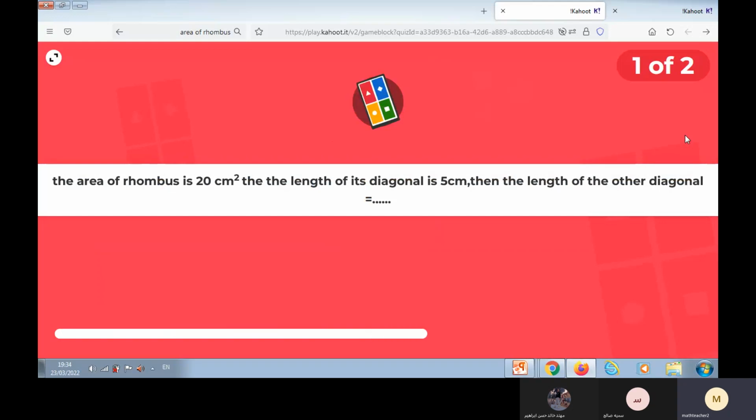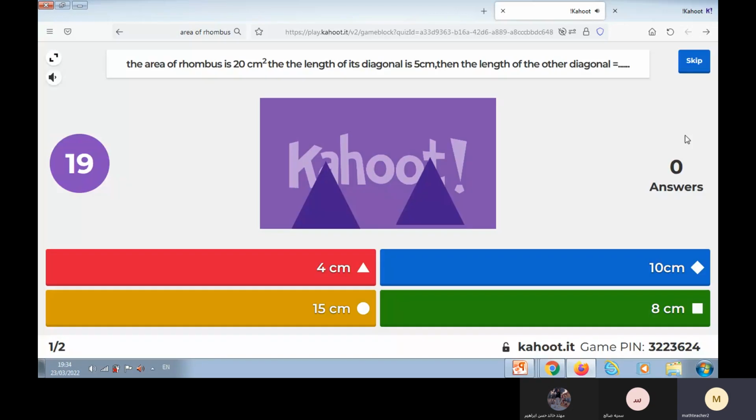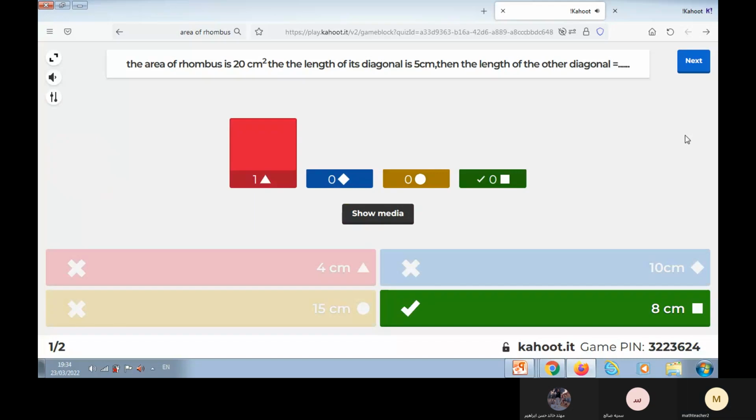The area of rhombus is 20 square centimeter. The length of its diagonal is 5 centimeter. Then the length of the other diagonal will equal half times 5 times. Okay, excellent, Sumay.